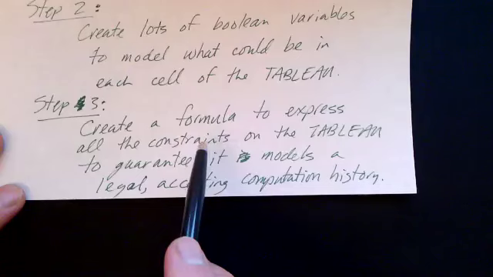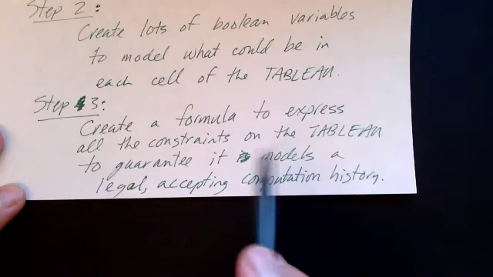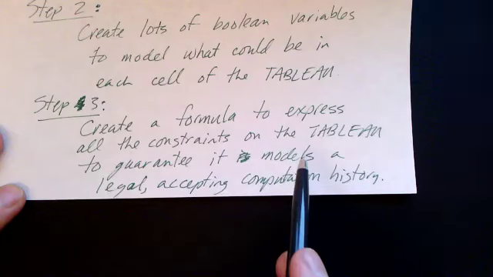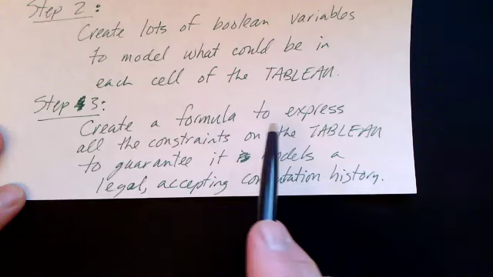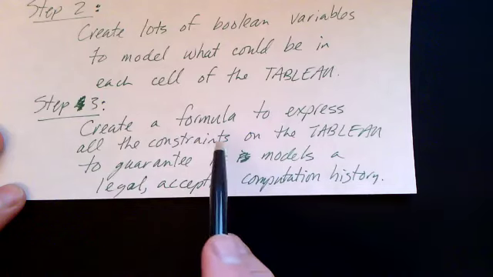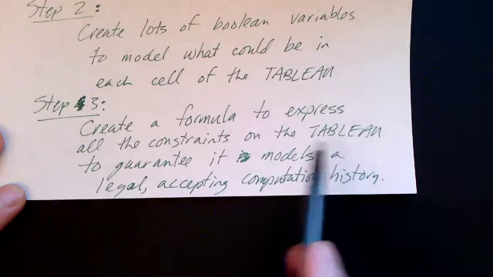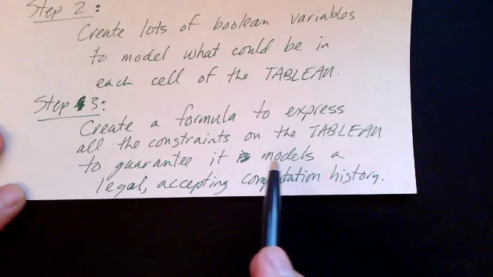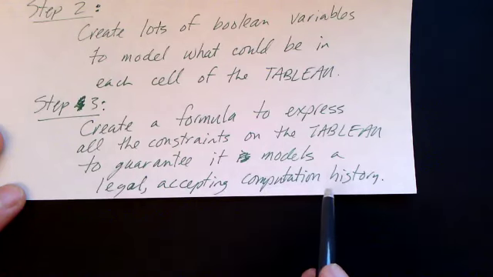And then we're going to create a formula to express all the constraints on this table and the values in the cells of this table to guarantee that the table will model a legal accepting computation history. So this set of constraints will guarantee that this table will model a legal accepting computation history.